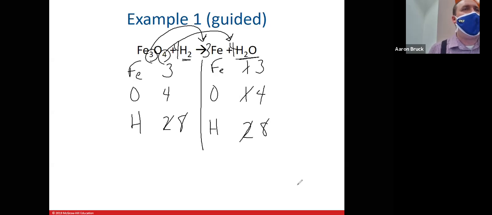This example was no different in that regard. We saw it happen here as well. This isn't always the case, but oftentimes it is a good starting point to help you get to where you need to go. And so if you had done that from the start, you would have balanced the iron and the oxygen immediately and would have recognized that the hydrogen was out of balance and figured out what to do with the hydrogen next.